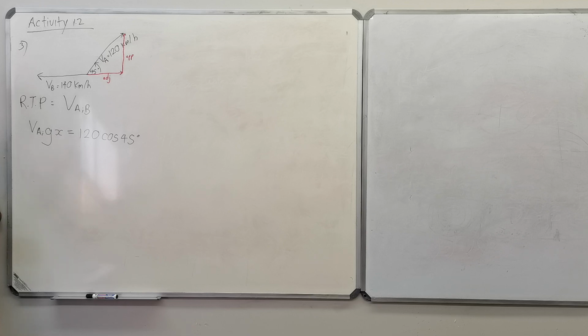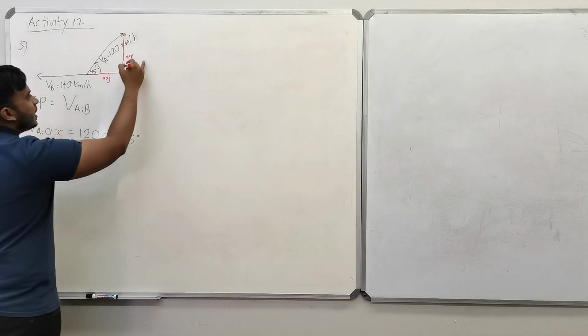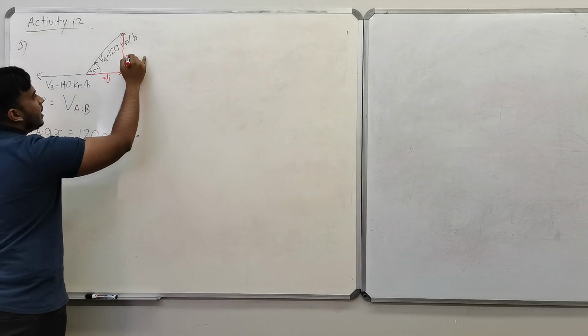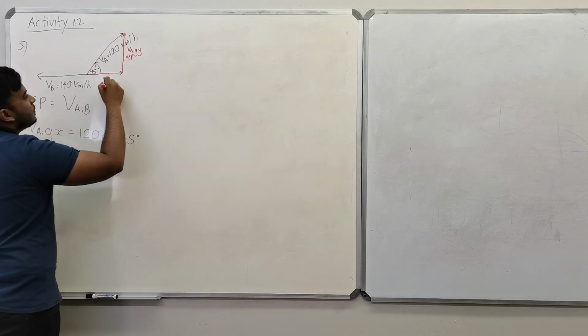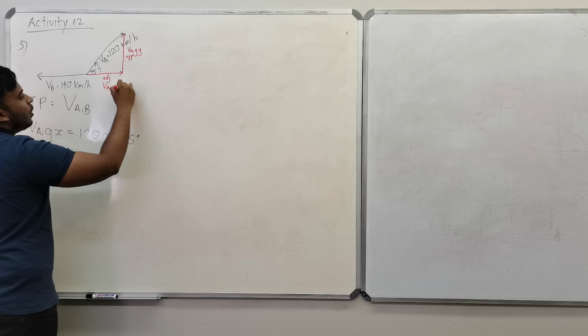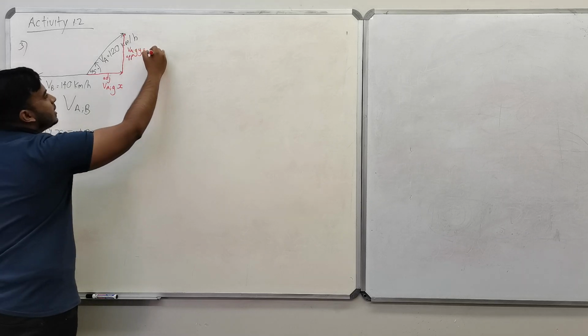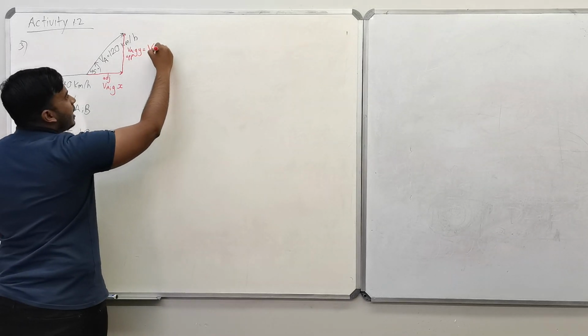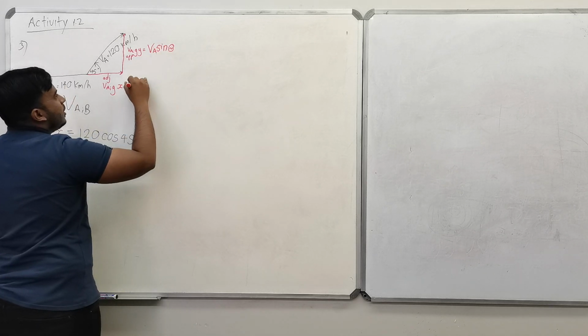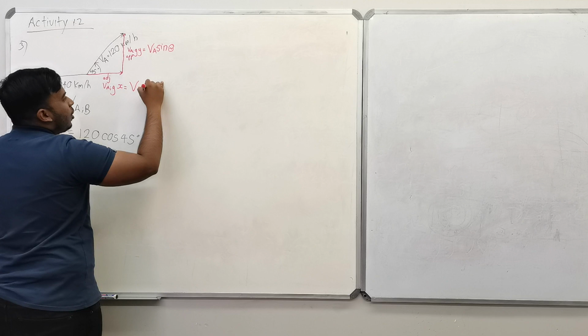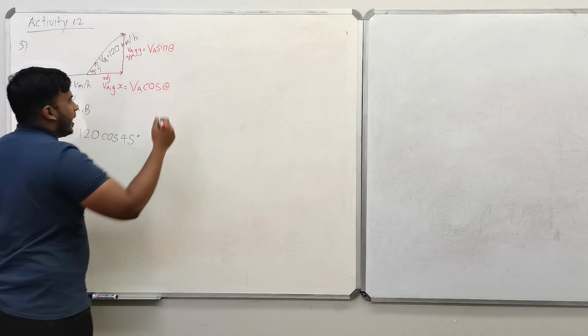We use adjacent in cos, and we use opposite in sine. So remember this is your velocity of A relative to the ground along your y-axis. This is velocity of A relative to the ground along your x-axis. To work this out, it will be the velocity of A sine of the angle. This will be equal to velocity of A cos of the angle.